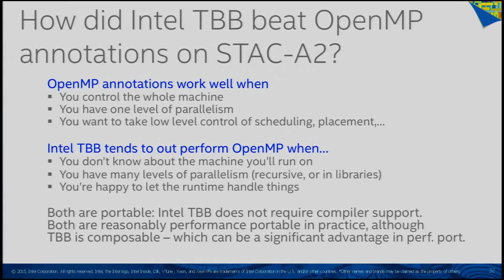And I went through this, and then I warned the class, I'll warn you, don't ever let anyone tell you that one programming model is vastly superior to another. It's unlikely. If you put enough effort into anything, you can probably make it work well. The question is how much effort. TBB is much easier when dynamic parallelism and multiple nesting is necessary, but when it's not, OpenMP does really well.